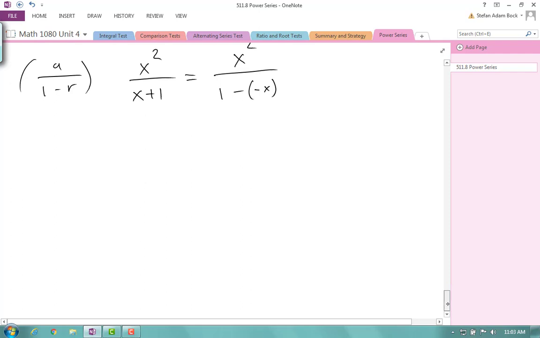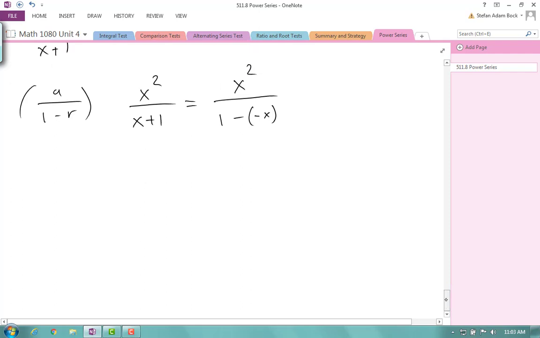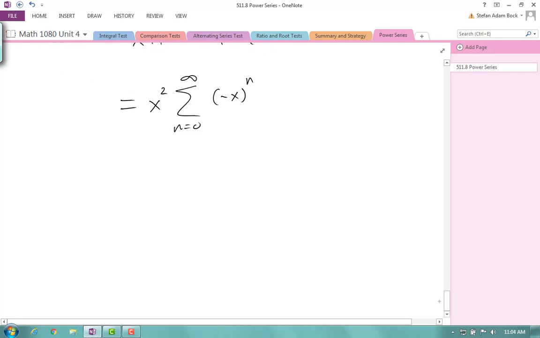So since this fits a over 1 minus r, that means this is equal to x squared times the sum from n equals 0 to infinity of negative x to the n. Or I could rewrite it, x squared times the sum from n equals 0 to infinity of negative 1 to the n times x to the n.